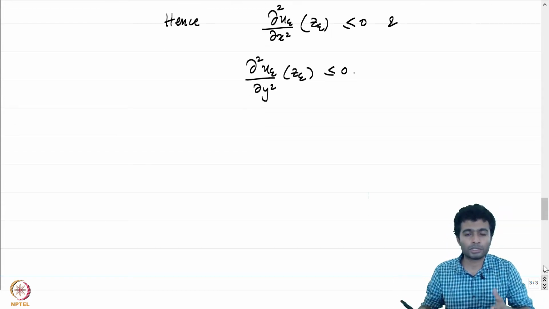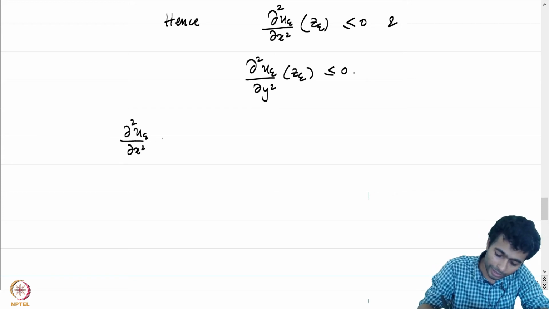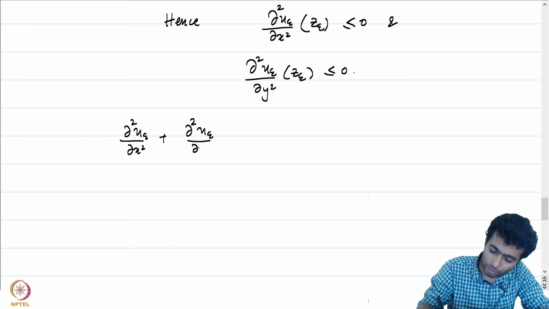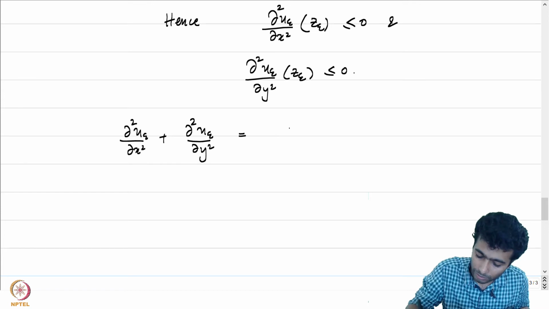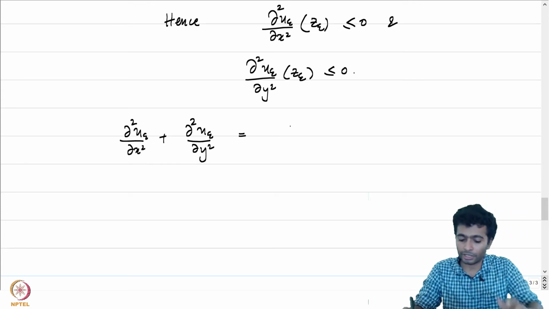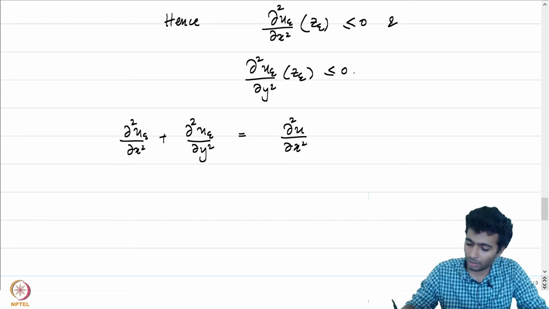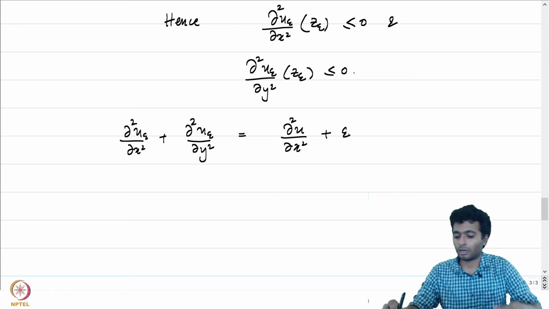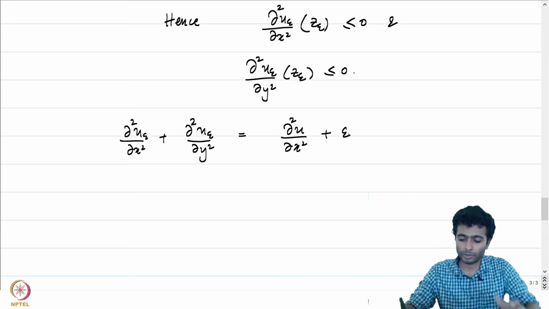We know what u epsilon is explicitly, right? Dou square u epsilon by dou x square plus dou square u epsilon by dou y square. Hence, this should be less than or equal to 0, right? But this is equal to, by linearity of the differentiation, dou square u by dou x square, and if you differentiate x square plus y square twice, you get 2.